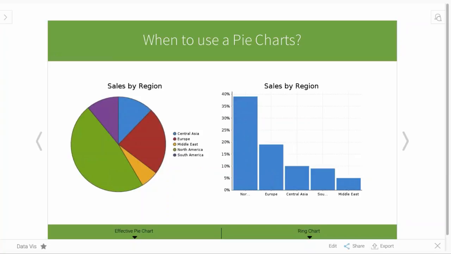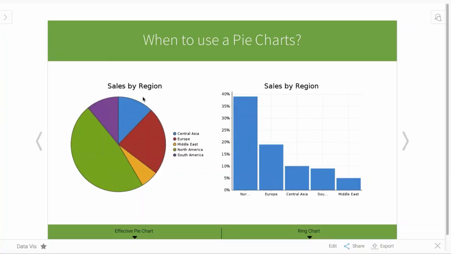So it takes a lot more mental effort to decipher a pie chart. So you often have to look back and forth between the colors and the legends. And pie charts are also particularly bad if you have categories of similar sizes. So for example, what's actually bigger here between this purple slice, which is South America, and this blue slice, which is Central America?